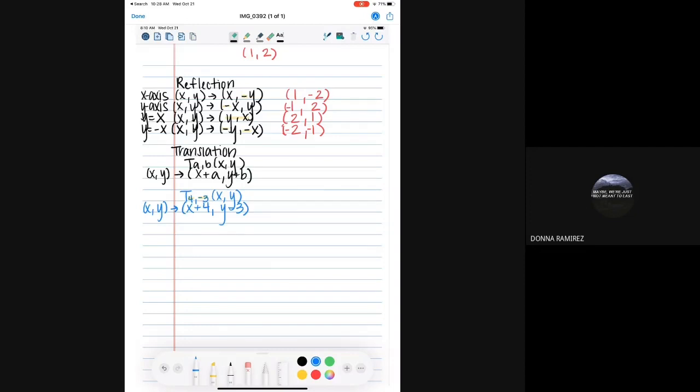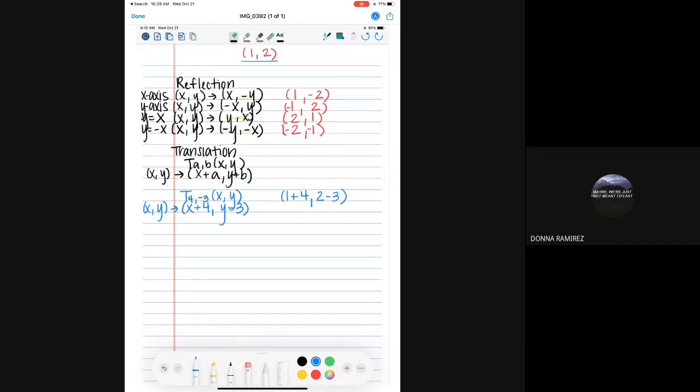So now we would take our original coordinates, which is, again, we're going to use 1 and 2. We would add 4 to x. So 1 plus 4. And then we would subtract 3 from 2.